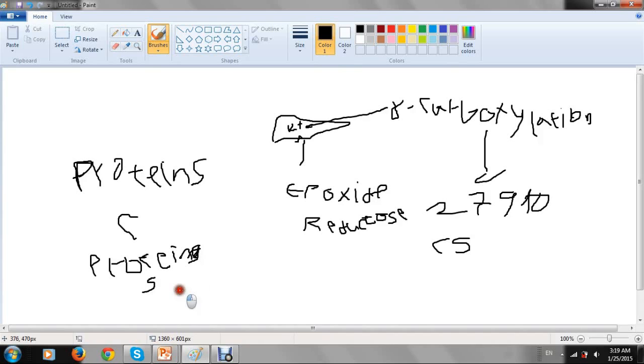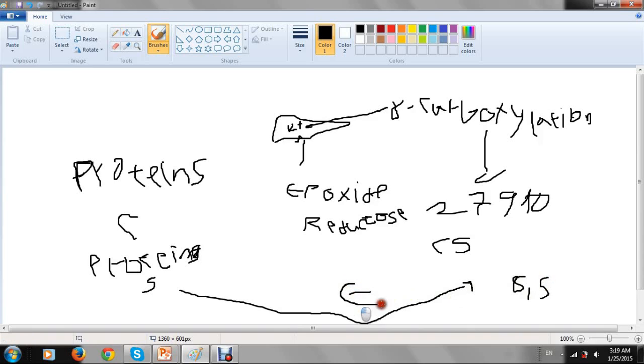They inactivate factors 8 and 5, and they are used to prevent a hypercoagulable state.